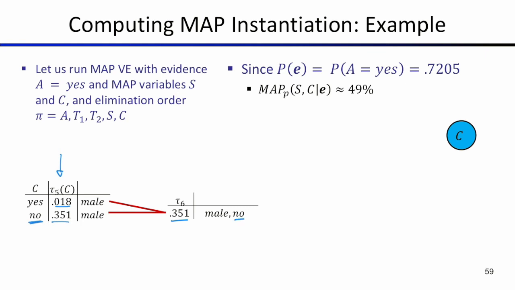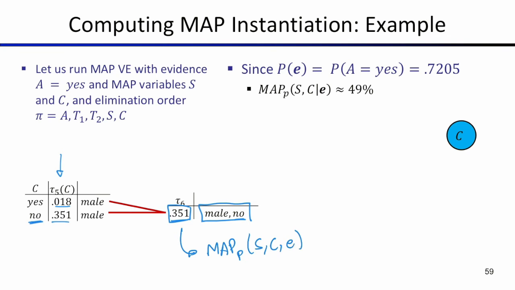So this is the answer for our query. So this is the MAP assignment for S and C. So it's going to be male and no, and that's going to be the probability. And this is the probability of S, C, and E. So basically the information that I have here is the MAP probability for S, C, and E.